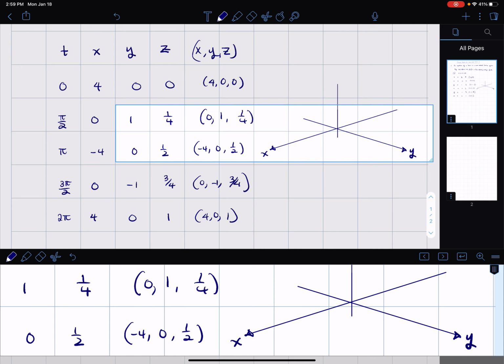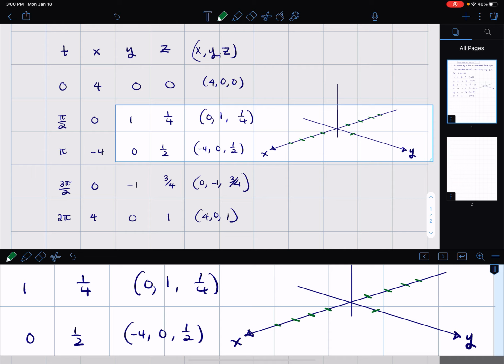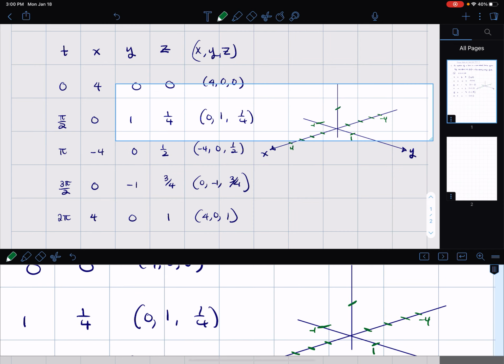I want up to 4 on the x-axis, so this is 1, 2, 3, 4, and negative 4. And on the y-axis, I want up to 1, and negative 1. And then on the z-axis, I want up to 1, but I'm going to make my 1 a little wider.